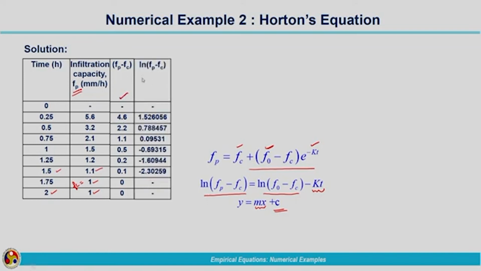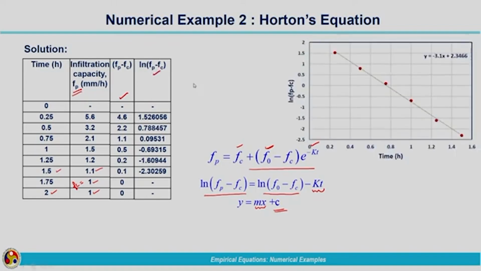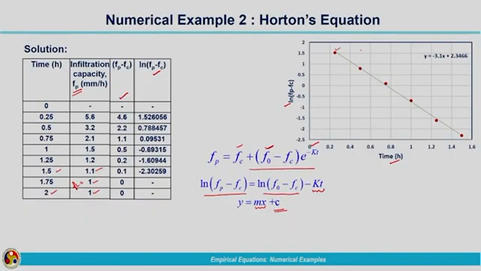Then we will find out the natural logarithm of fp minus fc and we will plot the graph. We are plotting the graph with respect to ln(fp minus fc) and time in hours. Here the x axis is the given time. So, we have marked the data points over here with the red data points.